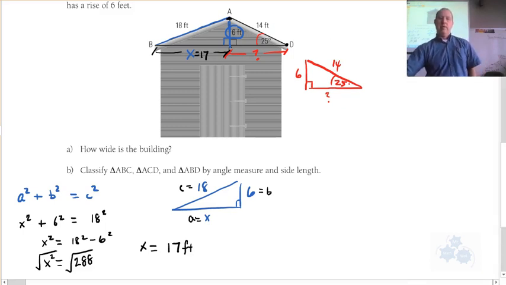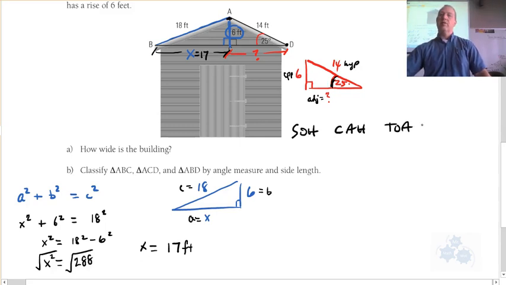Now, this side that's unknown is the adjacent side, right? So if I wanted to use this angle, this is opposite, and this is hypotenuse. So I could use any of the trig functions that include the adjacent side and either the opposite or hypotenuse. So let's see.